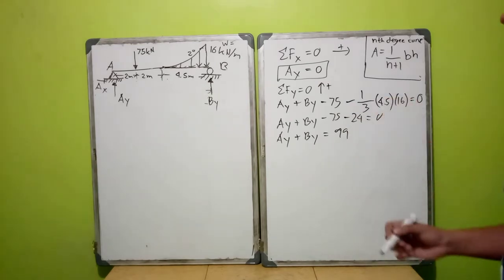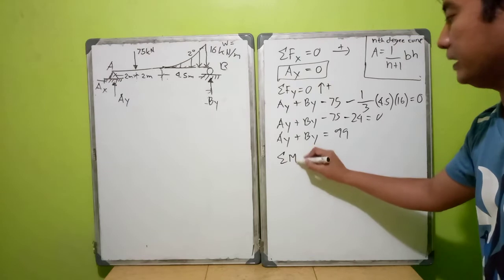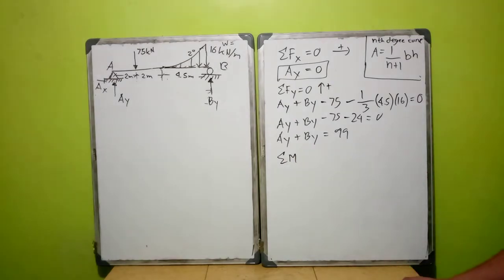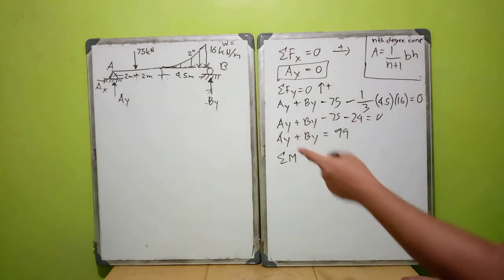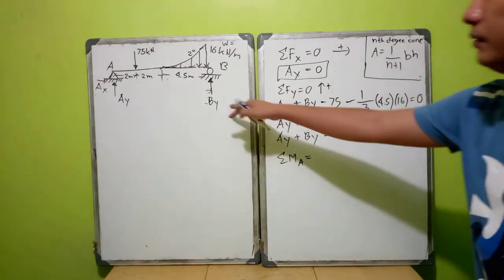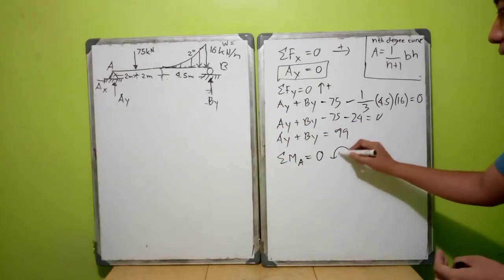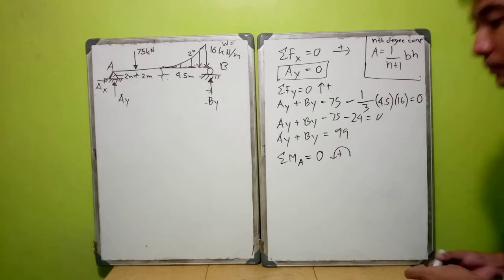Then we can have summation of moments. Let us choose what is most favorable, say summation of moment at A equals 0; nevertheless, you can also use B. Let us say counterclockwise as positive.